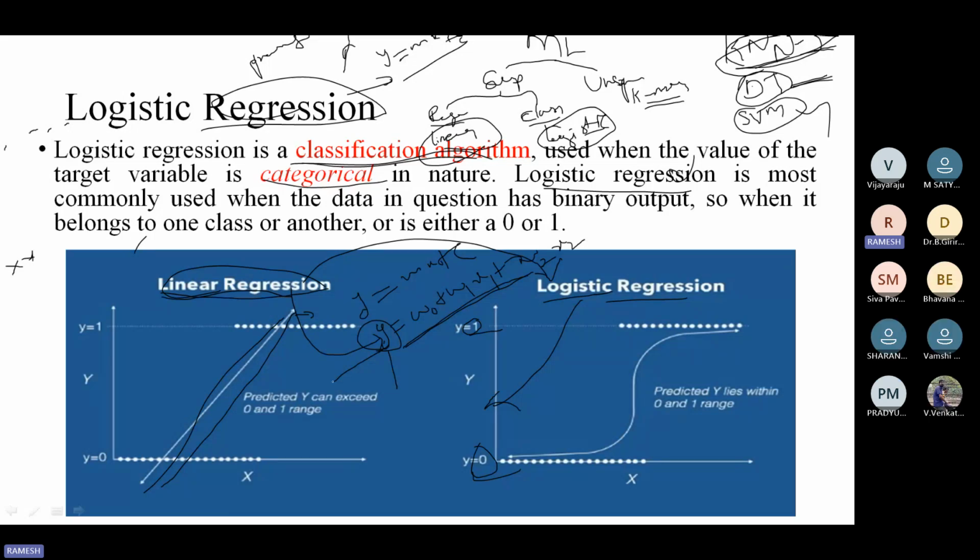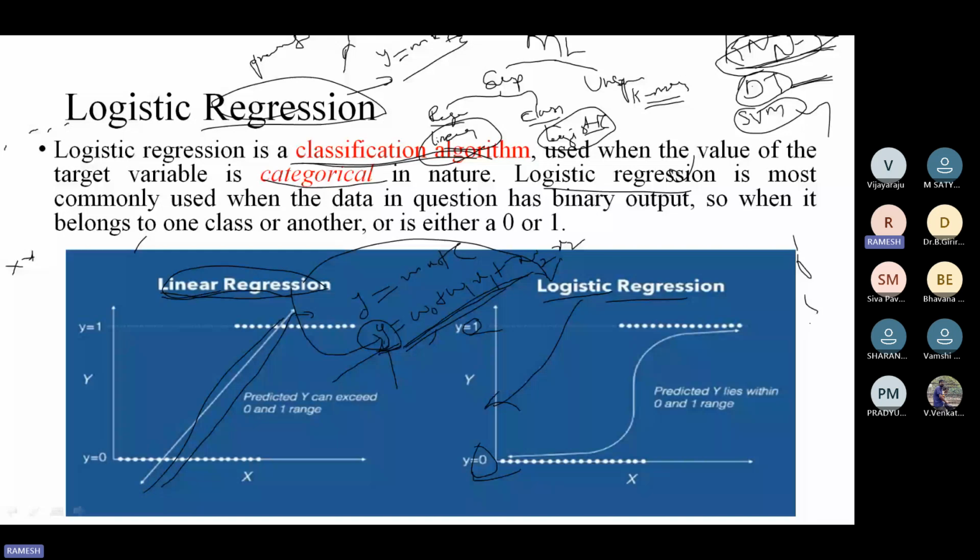Y is the target variable. So this is the equation we will form, and if you directly use it, the y values are continuous values. But for classification data, the y values are like 1 0 1 0, categorical values.